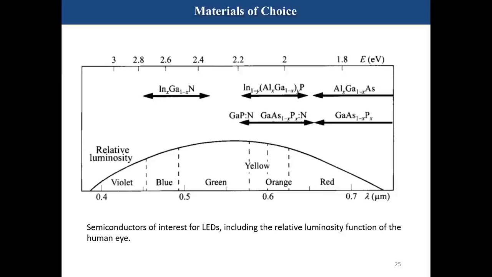While we think about the materials, as we mentioned before, it depends on the wavelength, that is the color we want. So various of these materials do have a particular wavelength that they target for LEDs.